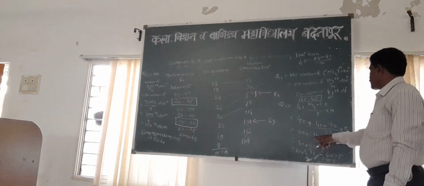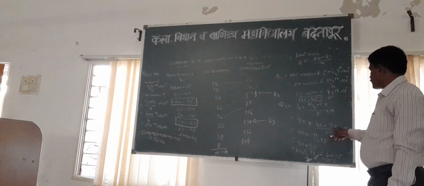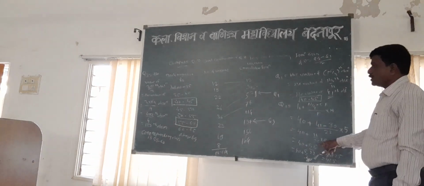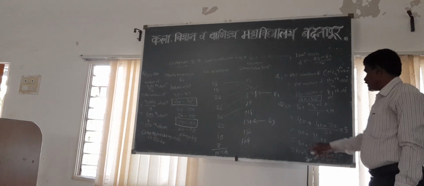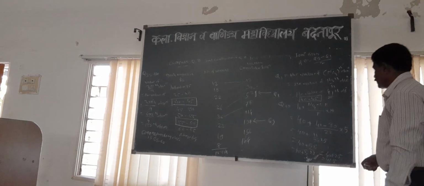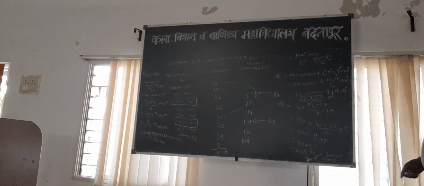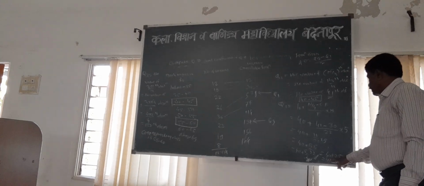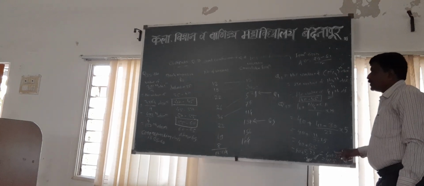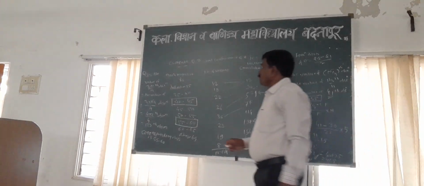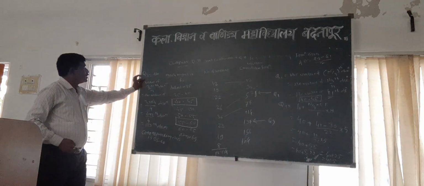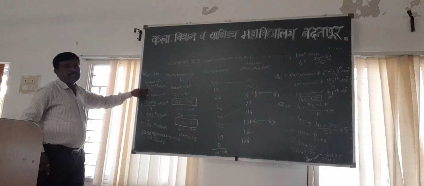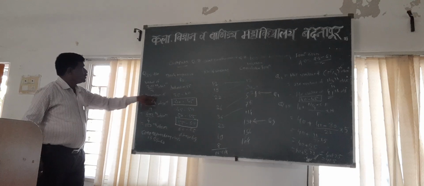That is 40 plus 11 divided by 22 into 5, that is 40 plus 55 divided by 22. So quartile 1 is 42.5.